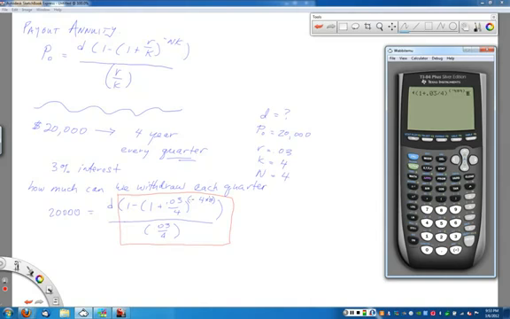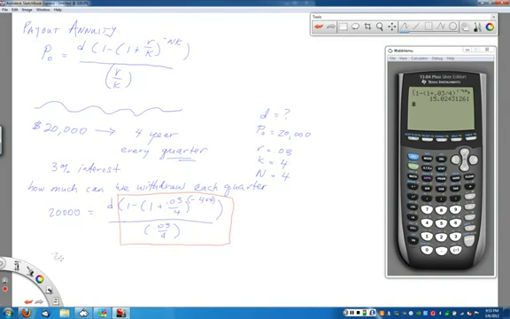Now notice that this is our exponent, and then we have to close the parentheses. Make sure to do that. The calculator gets mad if you don't have the right number of parentheses in your problem. Then it's going to be divided by, parentheses again, 0.03 divided by 4. Close the parentheses, hit enter, and this will give me my value of everything in the big box.